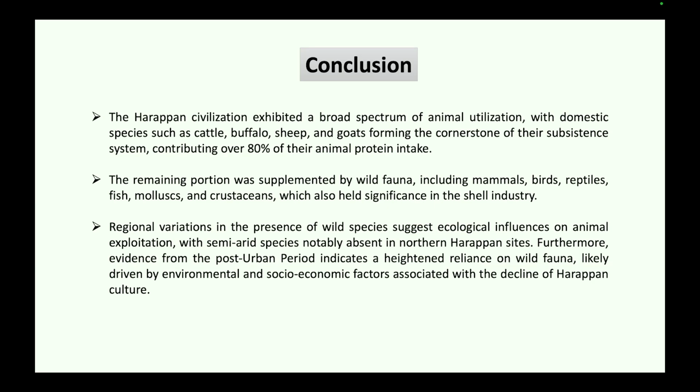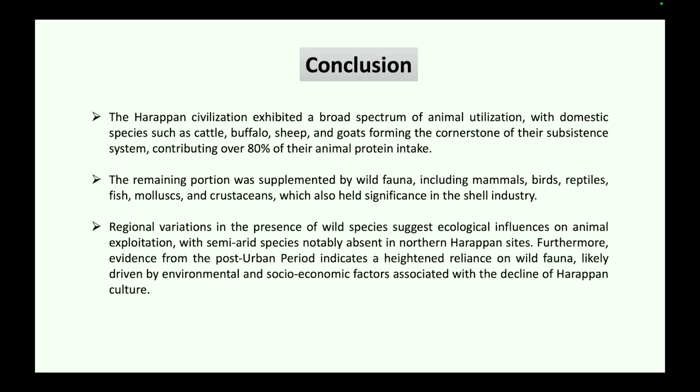In conclusion, we can say the Harappan civilization exhibited a broad spectrum of animal utilization, with domestic species such as cattle, buffalo, sheep, and goat forming the cornerstone of their subsistence system, contributing over 80% of their animal protein intake. The remaining portion was supplemented by wild fauna, including mammals, birds, reptiles, fish, molluscs, and crustaceans, which also held significance in the shell industry.